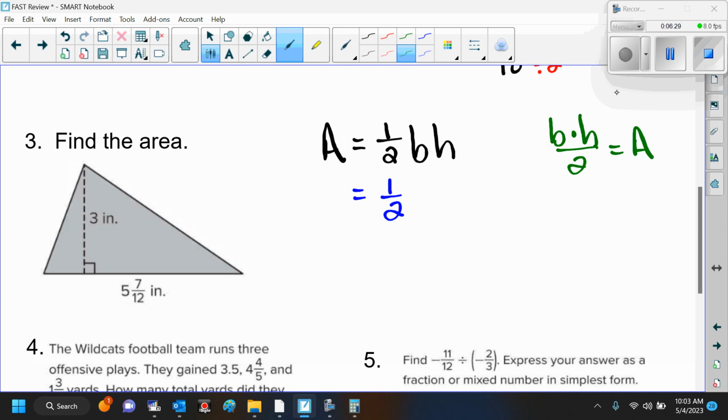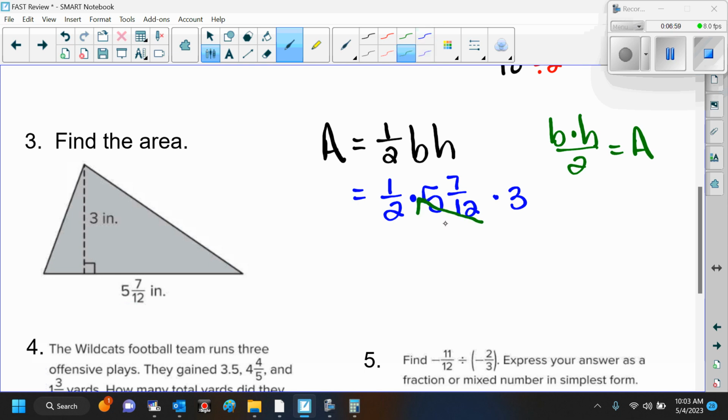All right, so we're going to substitute in. So we've got 1/2. The base is 5 and 7/12, so times 5 and 7/12, times the height, which is 3. Okay? So now this is my expression that I want to simplify. I want to first change my mixed number to an improper fraction, right?